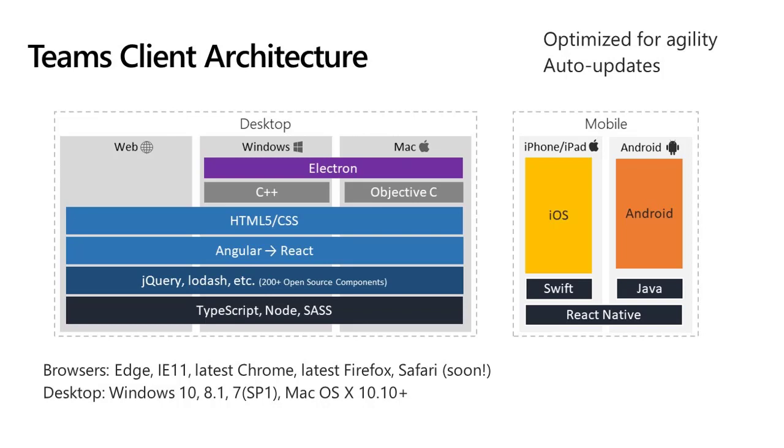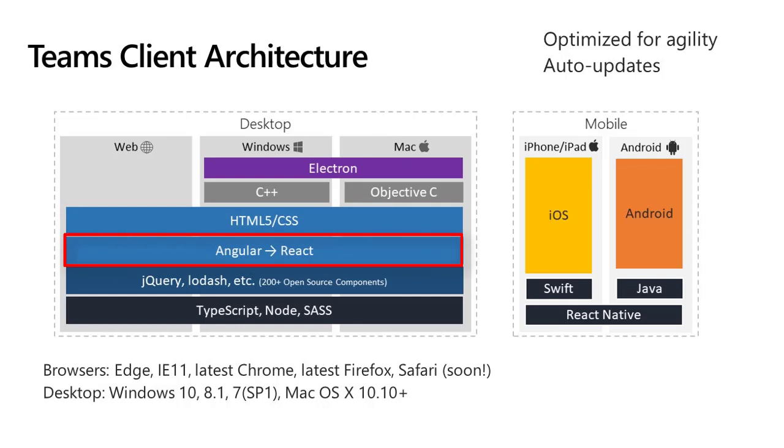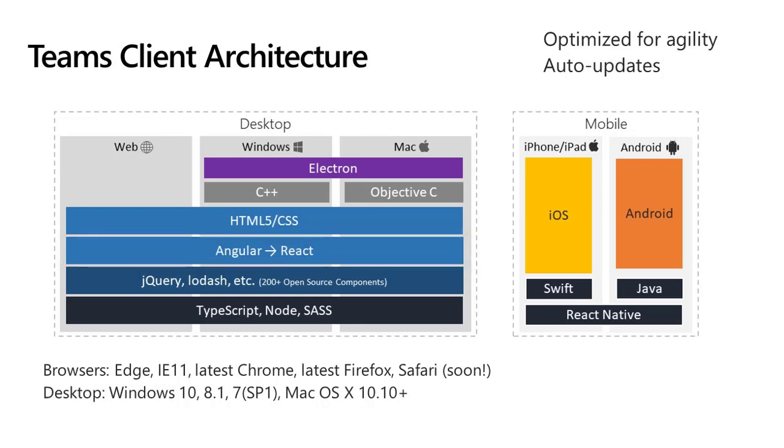On the web client, at the top of the stack is HTML5 and CSS. Below that, we talk to Angular, and we are moving to React over time. Some of the components inside the client are actually built on React today, such as the phone dialer when you use Teams as a telephone. Below that, we have the layers of jQuery, Lodash, etc. These are more than 200 open source components that we talk to.